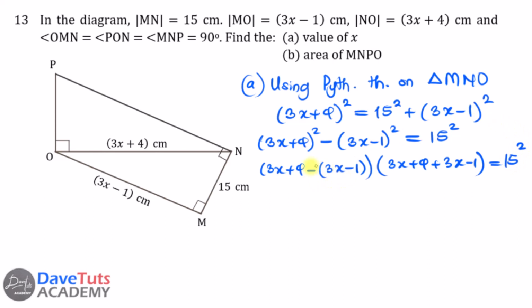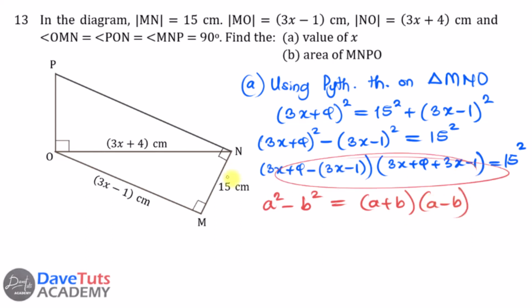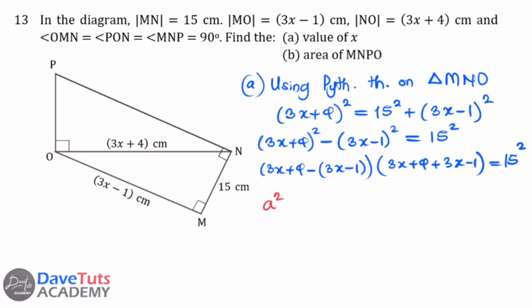Okay, so this is just applying the law of difference of 2 squares, that a square minus b square is a plus b multiplied by a minus b. That's what I applied in this particular line, with this as a and this as b. Okay, so once we are able to do that, we can now simplify this.